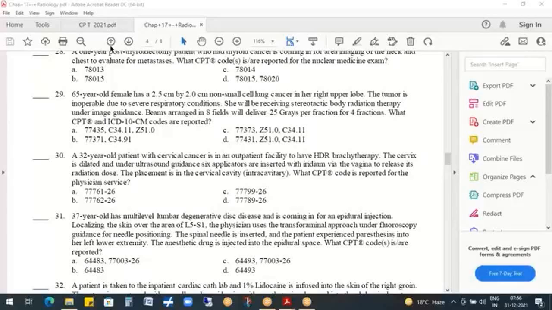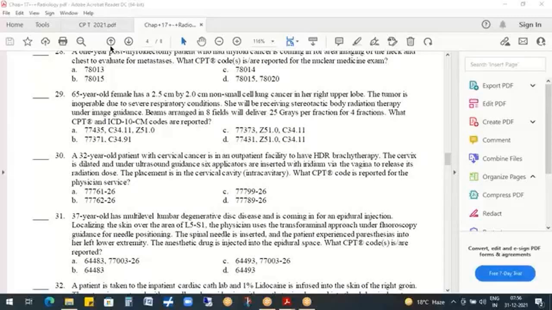Can you check and tell me what are the topics left in radiology? Nuclear medicine, sir. Next, diagnostic ultrasound. These are the 2 topics left, right? Yes, sir.